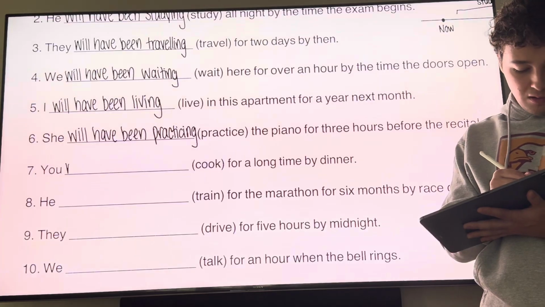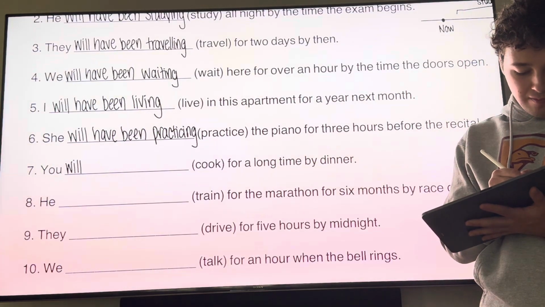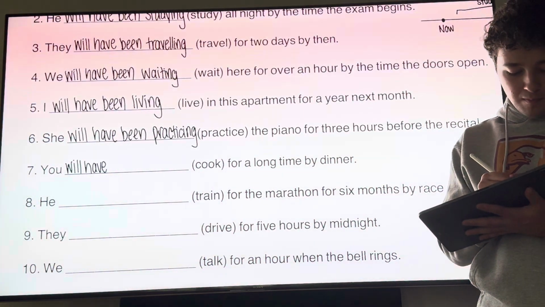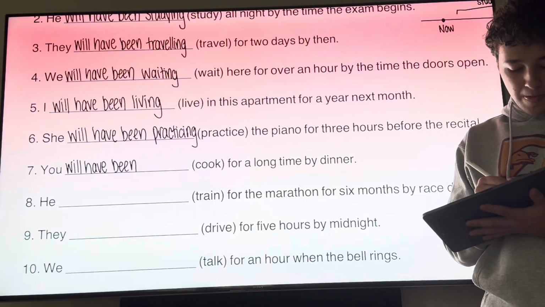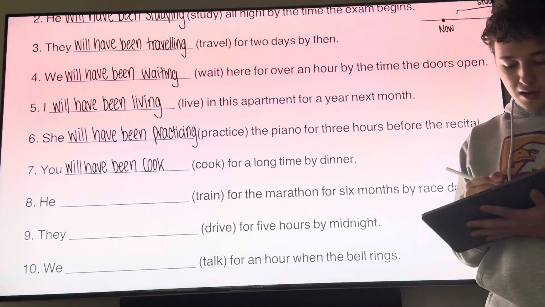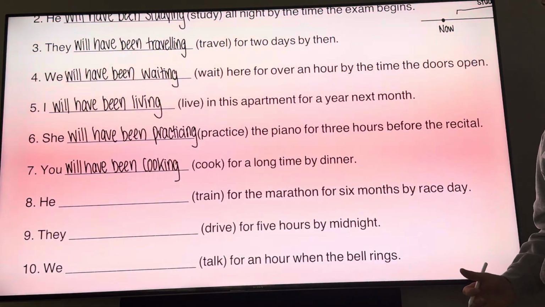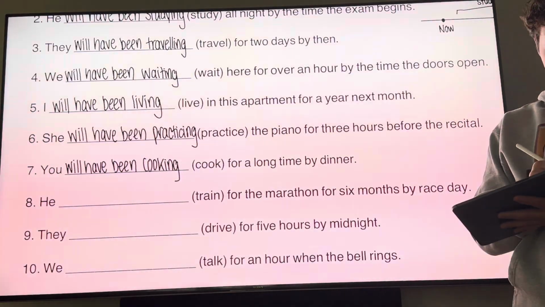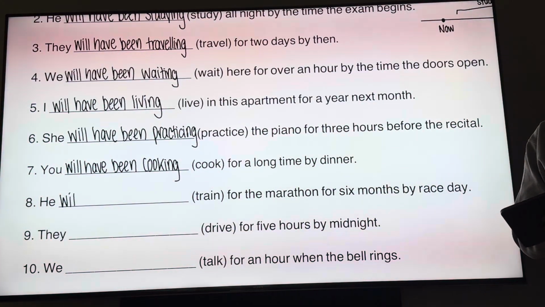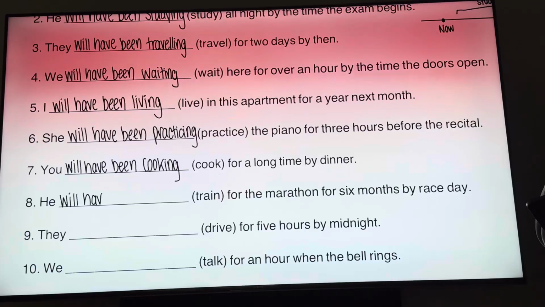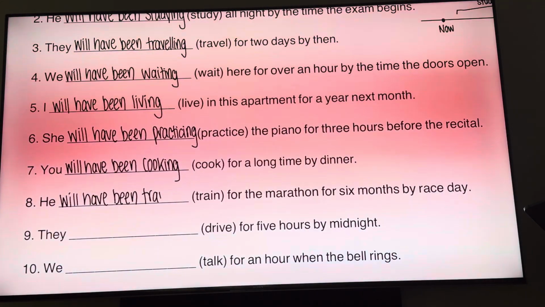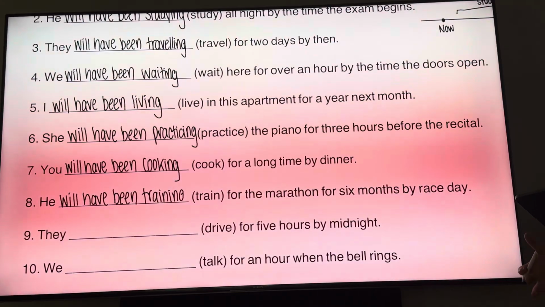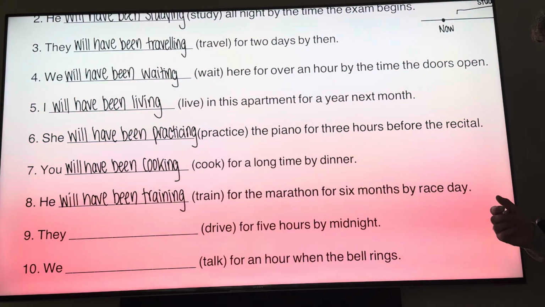You will have been cooking for a long time by dinner. He will have been training for the marathon for 6 months by race day.